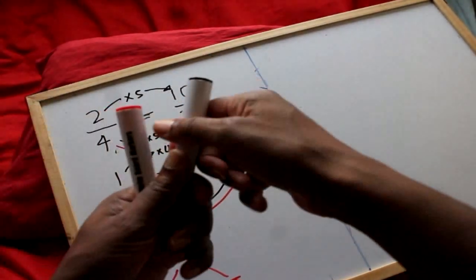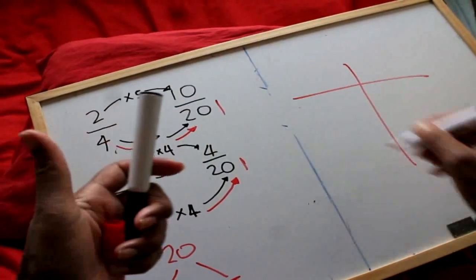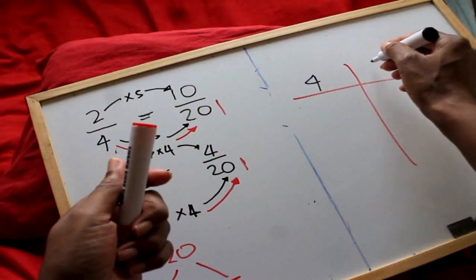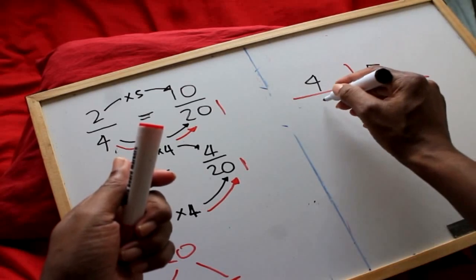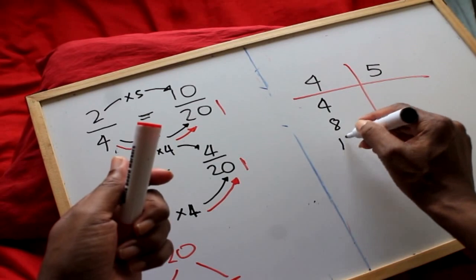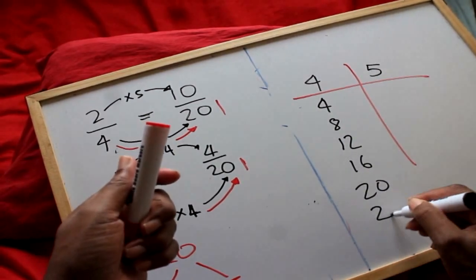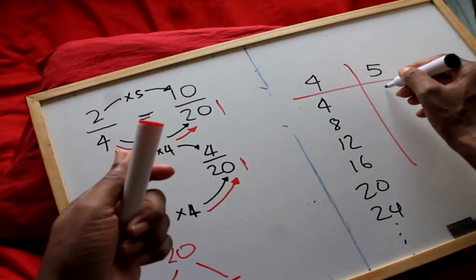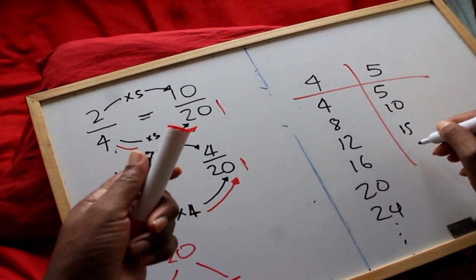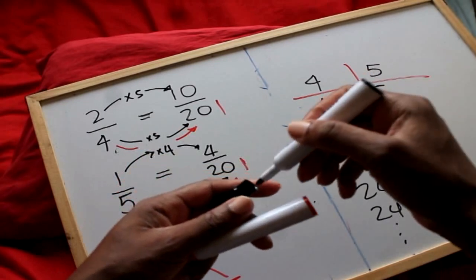And just in case you don't believe me, let's do a table and write out the multiples of 4 and 5. So 4, 8, 12, 16, 20, 24 and so on. 5, 10, 15, 20, 25 and so on.